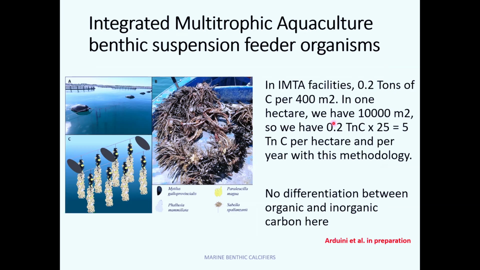And we have all these organisms, the macrofoulers, attaching to the rope. So the rope has a certain quantity of different polychaetes, sponges, especially also bivalves, and so on. And what we saw is that if you calculate for 1 hectare, we may have 5 tons of carbon per hectare per year with this methodology.